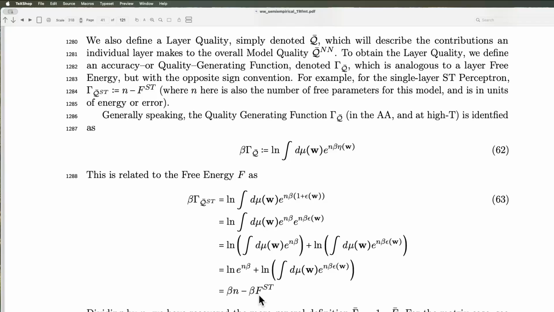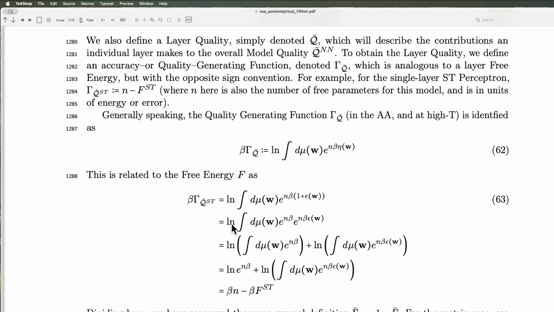So we plug in the equation for eta, which should be 1 minus epsilon. We then separate out, so it would be e to the N beta times e to the minus N beta epsilon. The natural log of this product is the sum of the logs.